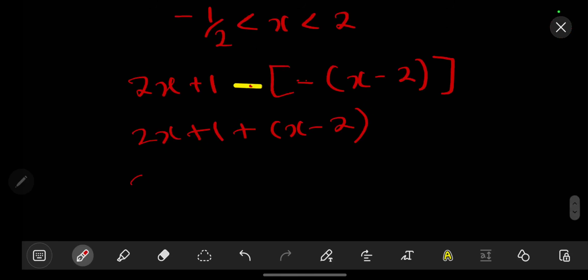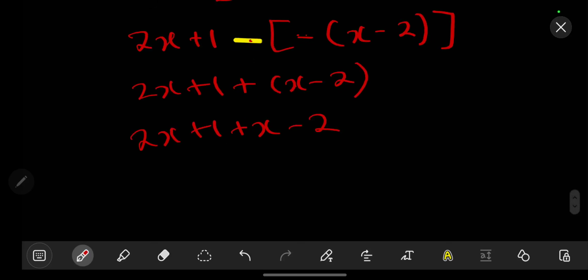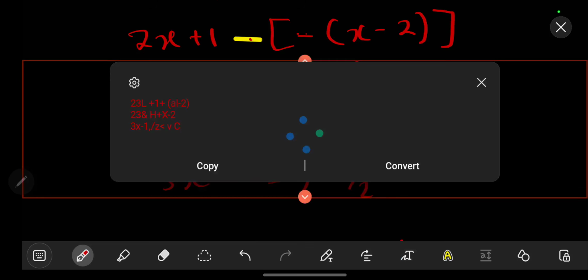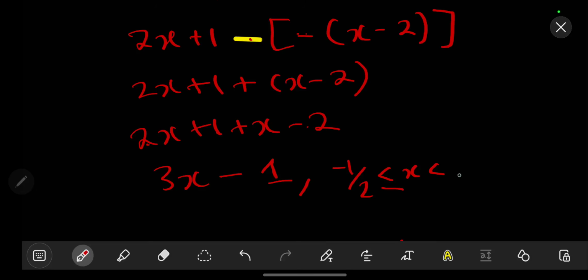This by this gives us plus x. This by this gives us minus 2. 2x plus x gives us 3x. 1 minus 2 gives us minus 1. So this is for the condition for which negative half is less than x is less than 2, like that. So this is what we have for that condition.